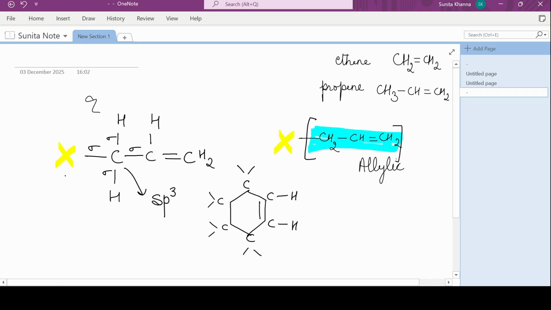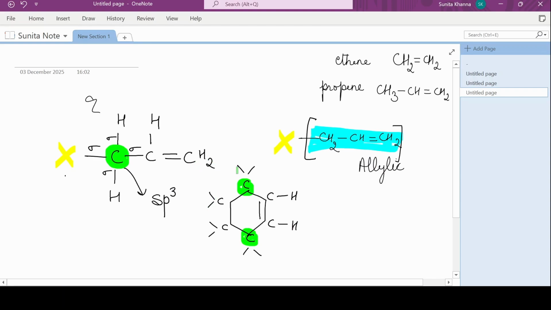So which are the allylic carbons? An allylic carbon atom is the carbon atom attached to a doubly bonded carbon atom. So these are the doubly bonded carbon atoms. Either this is an allylic carbon atom or this is an allylic carbon atom.